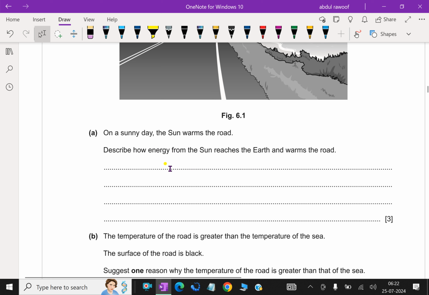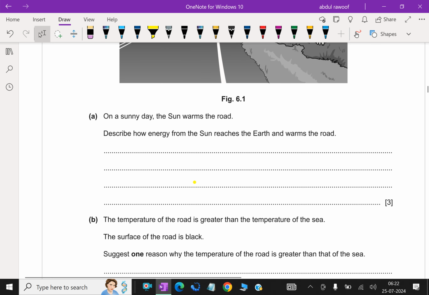By three forms, any three forms: conduction of heat, convection, radiation.